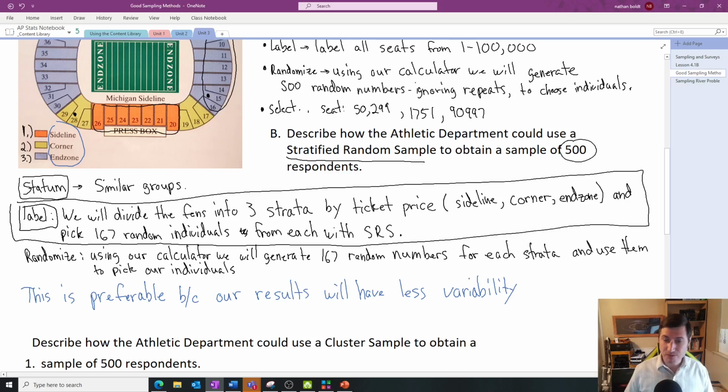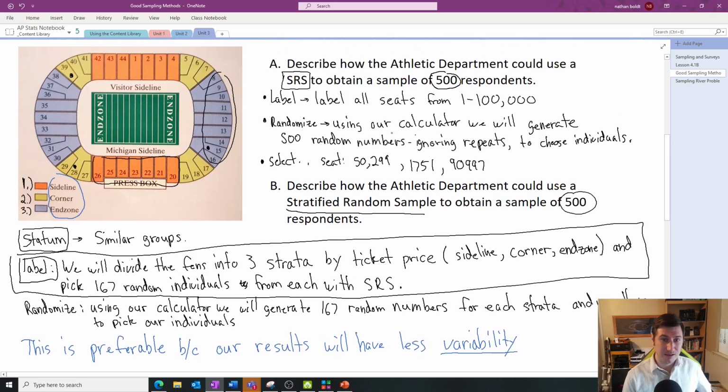And if we do sample them equally, then our results will have less variability. Whereas with a simple random sample, the first one, it would be possible that of our 500 random people, we could have had more from the end zones than from the sidelines, just by random chance of picking.